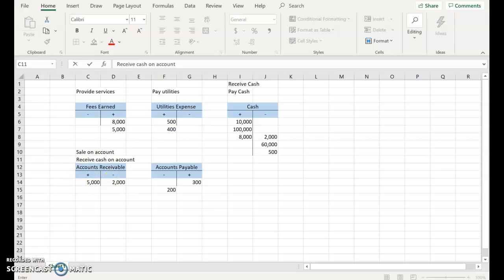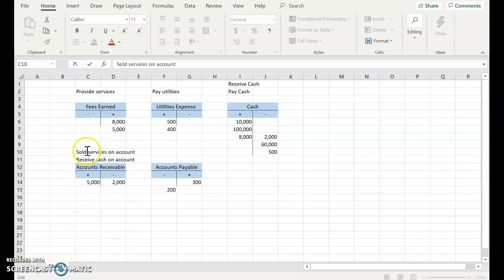Accounts receivable is the same thing because it is also an asset. When we sell something on account, that means our customers owe us money. The accounts receivable account goes up, but when the customer pays us, the account balance goes down.